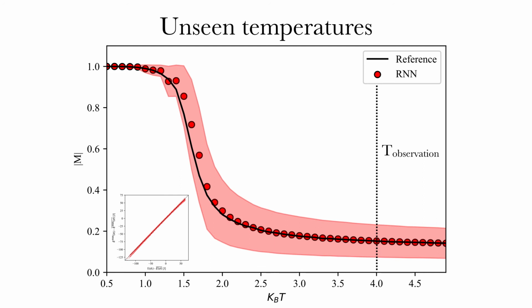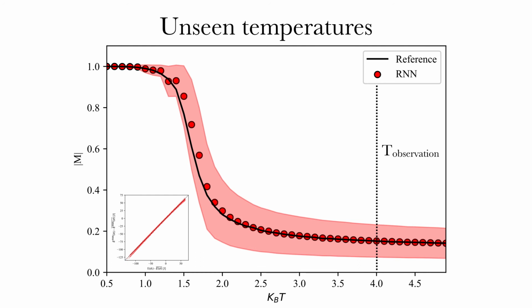But then the little red dots, these are also MC simulations, but where we've used our recurrent neural network to calculate the energy difference. The vertical line, though, is the observation temperature where we actually trained our model. So the RNN was trained only on data that it saw at a value of kBT equal to 4.